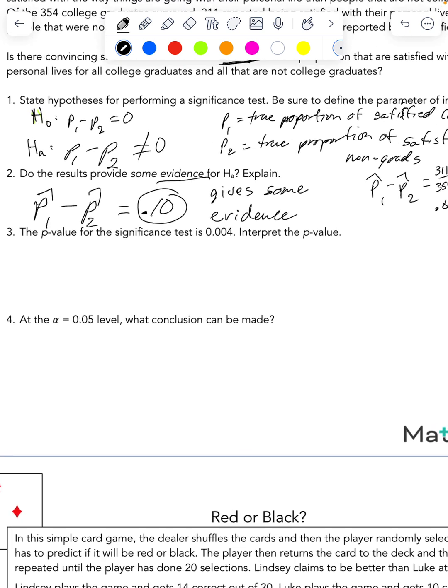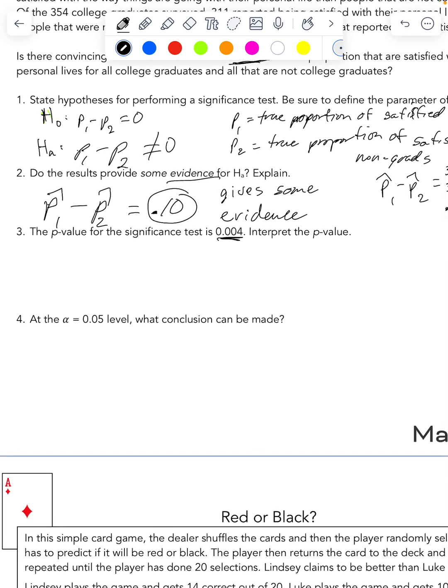So the p-value is 0.004. They calculated it for us. Later I can show you how to do that, but to interpret it, what does it really mean?